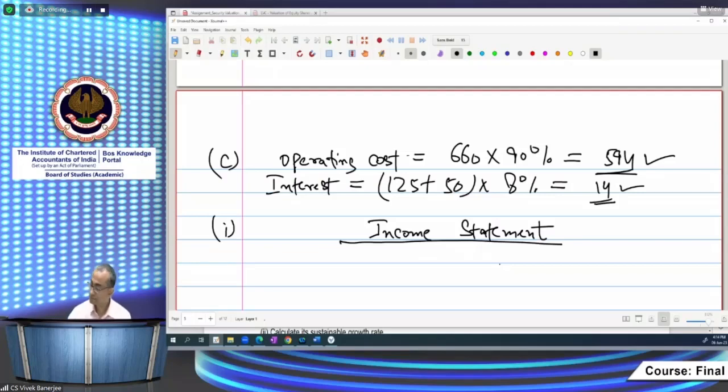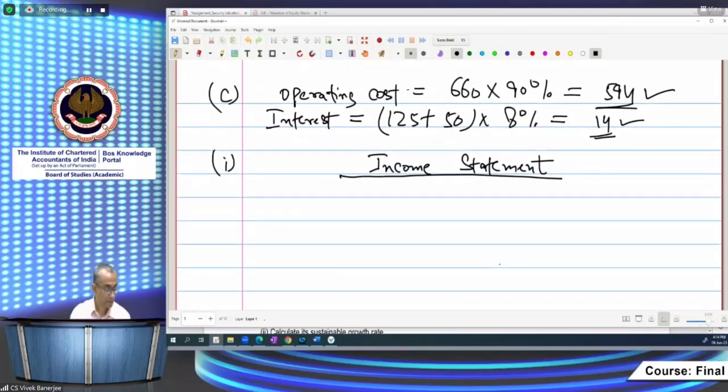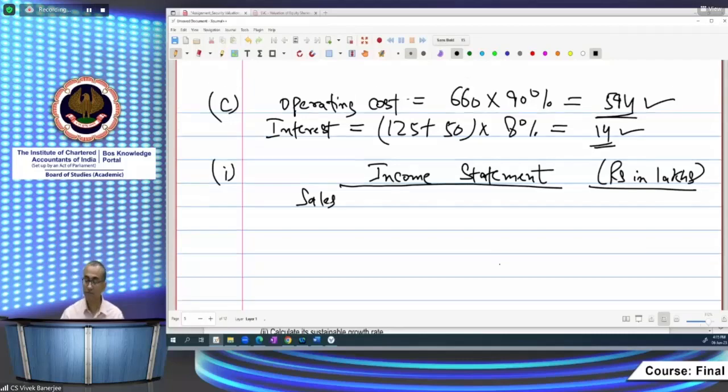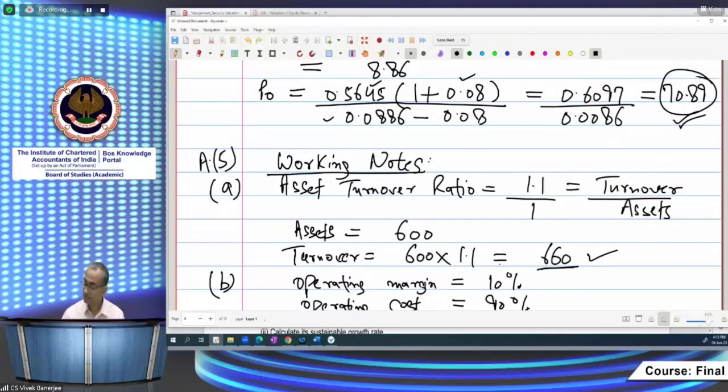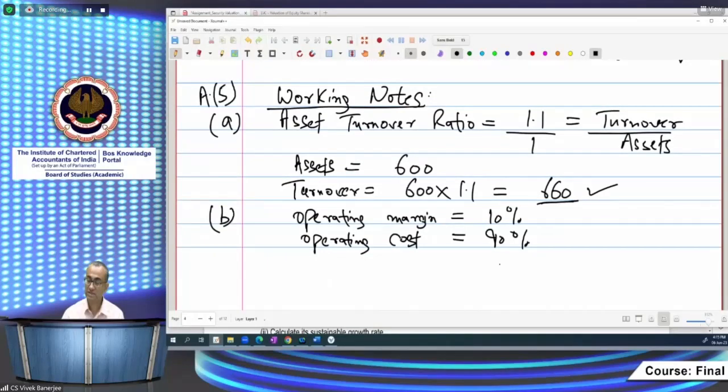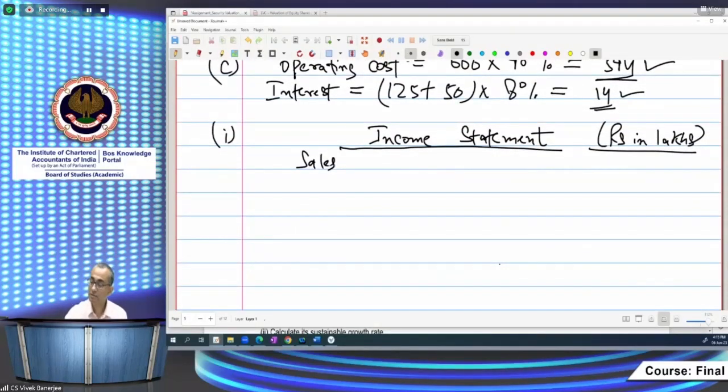Okay. Sales, we have calculated. This is rupees in lakhs. So sales we have calculated above. This sales figure is 660, less operating cost.